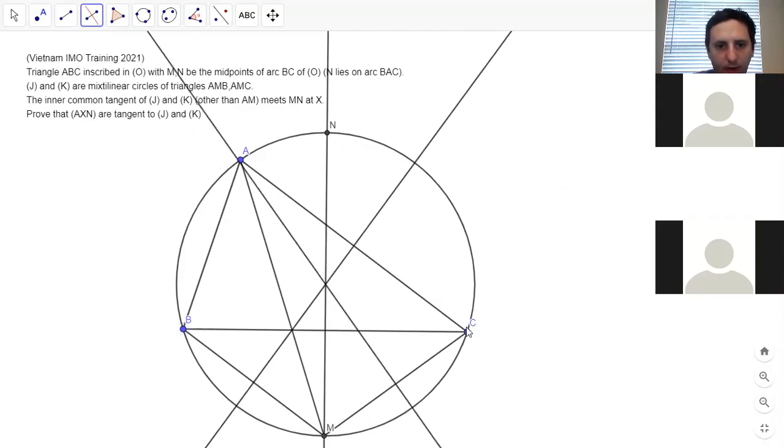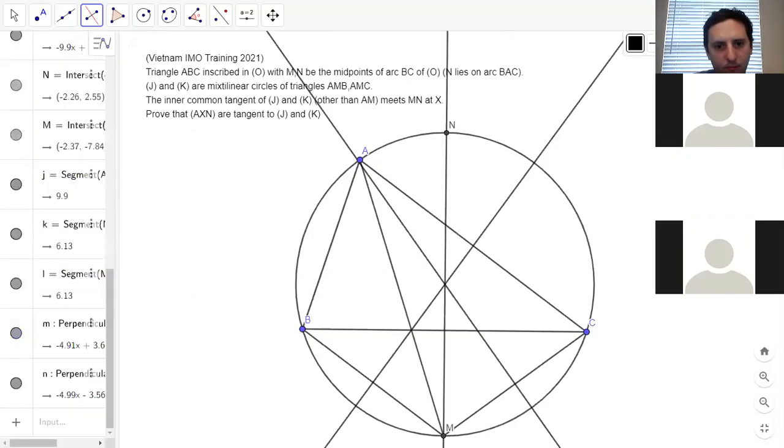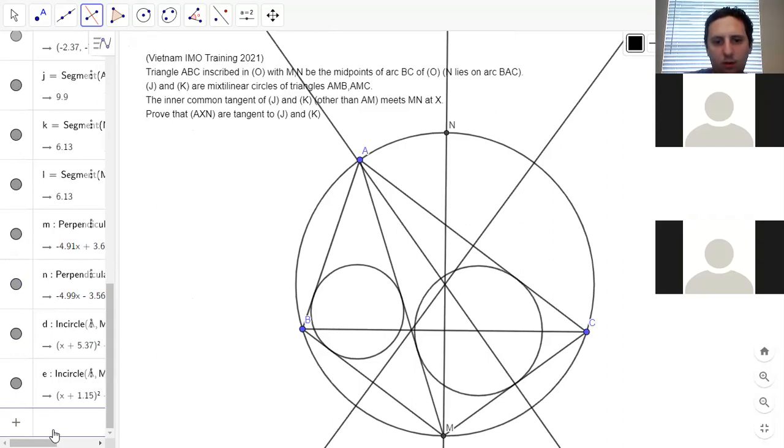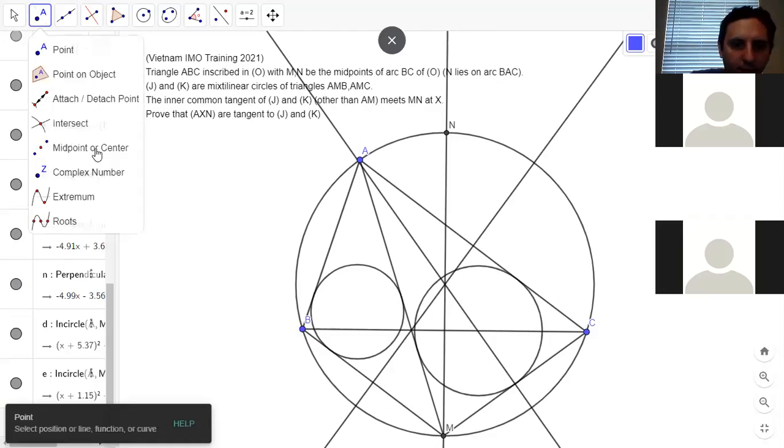So I'm going to draw the incenters of BMC and BMC. I'm going to draw the mixtilinears.